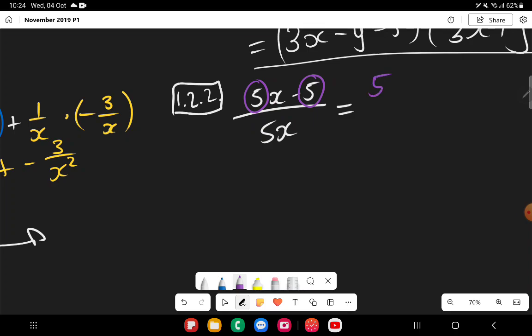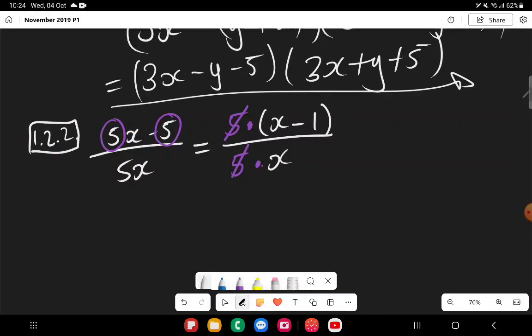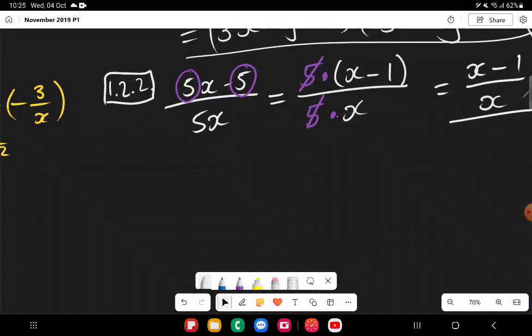So I take 5 out, and what I'm left with is x minus 1 over, at the bottom I have a 5 multiplied by x. Now I can cancel out because this relationship here is multiplication. So 5 and 5 I take away, and what I'm left with is x minus 1 over x. That's your final answer.